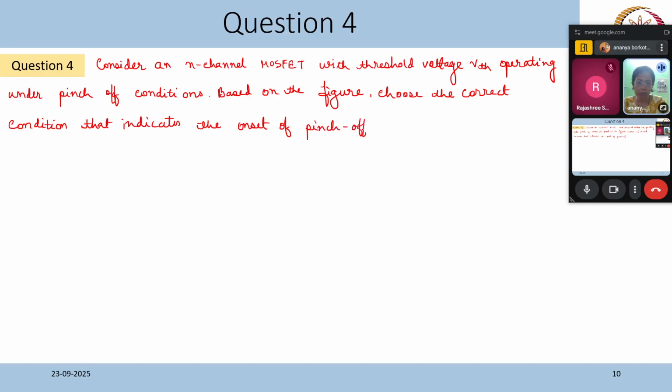You know what pinch off is? You already know this. This is the point where the inversion charge density near the drain end is 0. So I try to draw the figure as per that. The drawing may not be perfect. This is n plus. This is my channel.